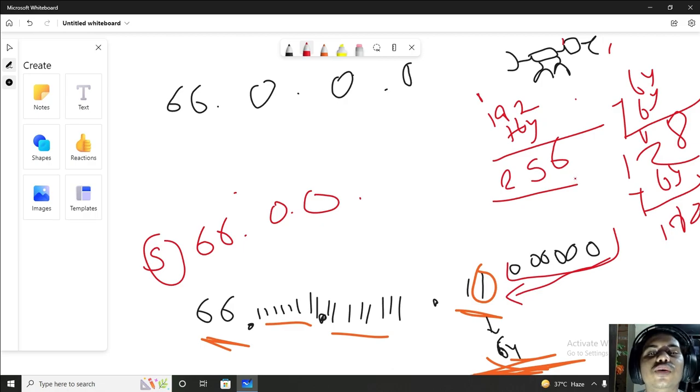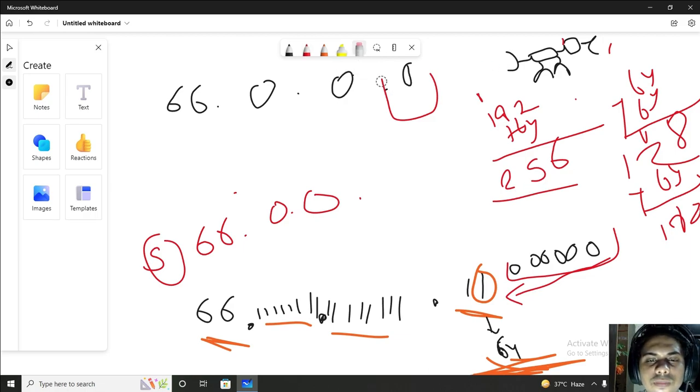As I already told you, this is your octet, and your minimum value is 0 and your maximum value can be 255. You can't go up to 256, so you can't take this.